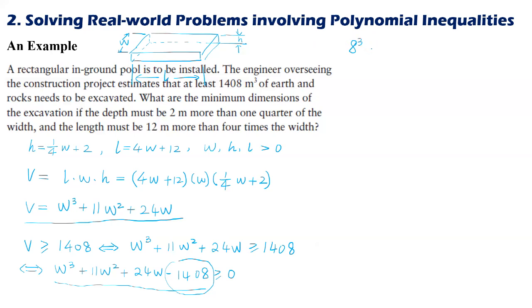8 cubed plus 11 times 8 squared plus 24 times 8 is actually 512 plus 704 plus 192, minus 1408.